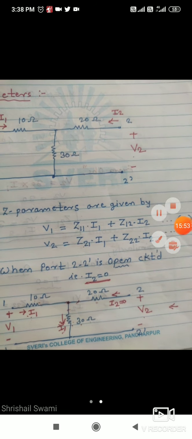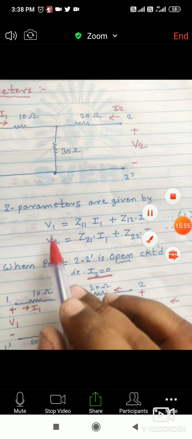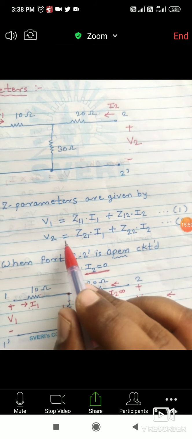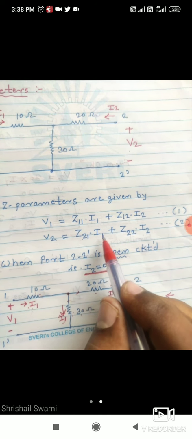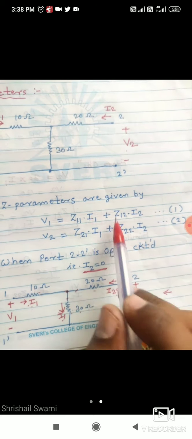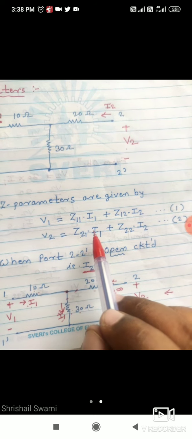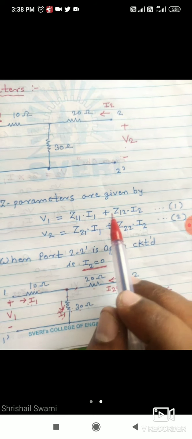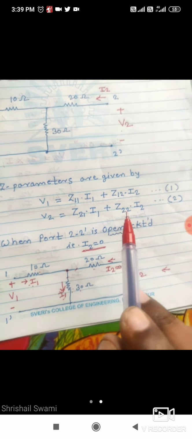Now, V1 is equal to Z11 into I1 plus Z12 into I2. V2 is equal to Z21 into I1 plus Z22 into I2. So give equation numbers 1 and 2. I already explained this, how we selected these equations, I1 I2 as independent, V1 V2 as dependent. Z11, Z12, Z21 and Z22 are called Z parameters.